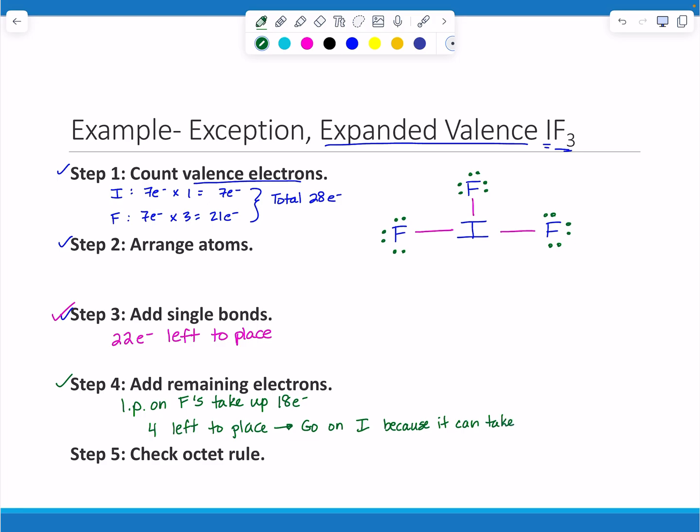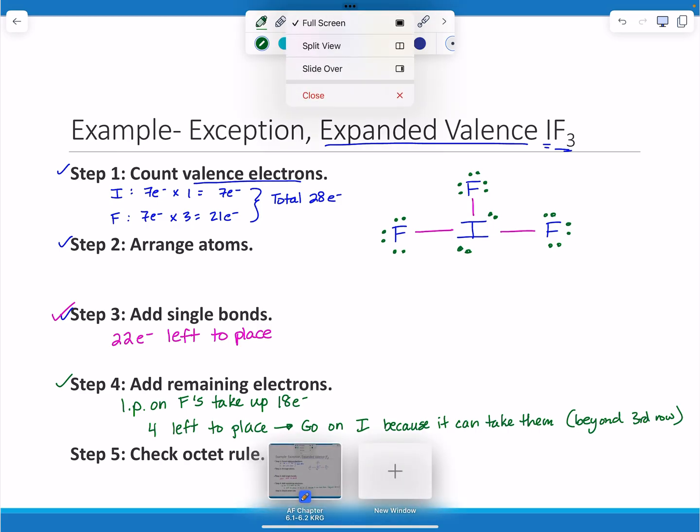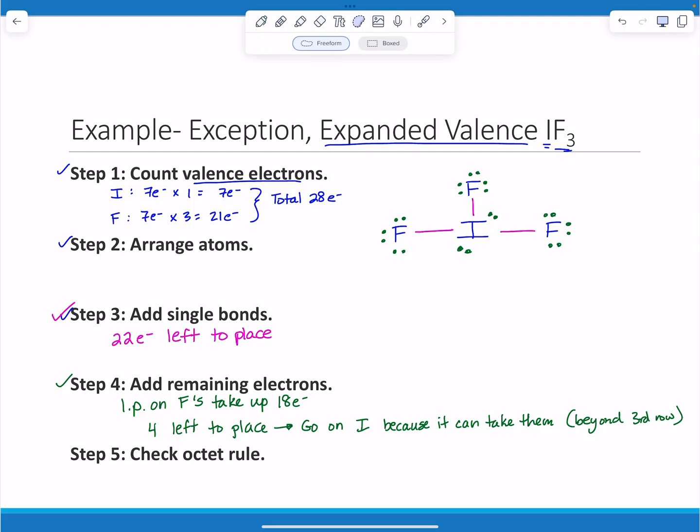It's beyond the 3rd row. So we're going to put those 4 electrons on the iodine, and I'm just going to put them on either side of it.